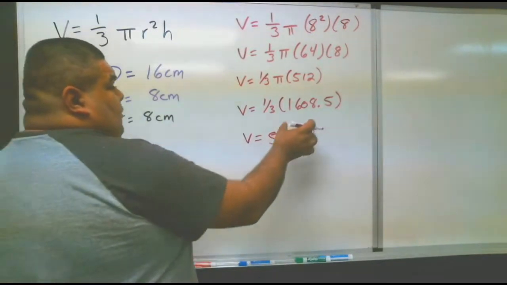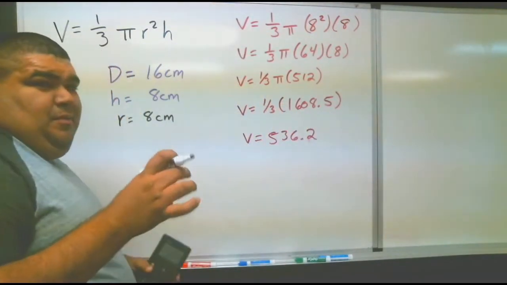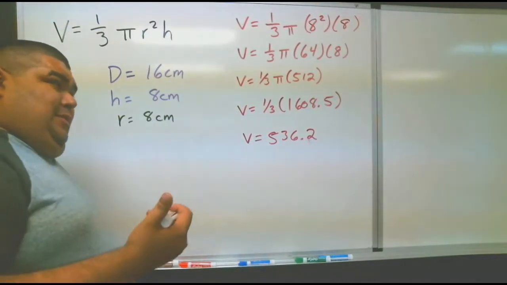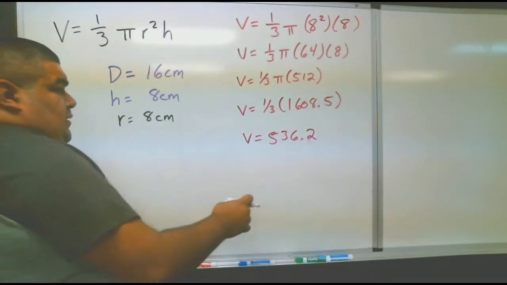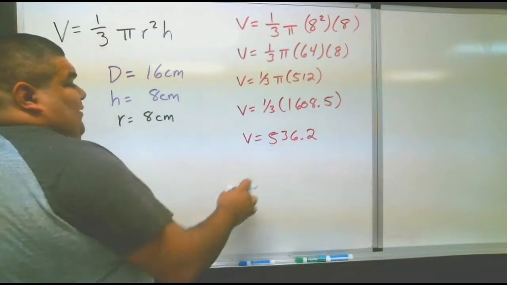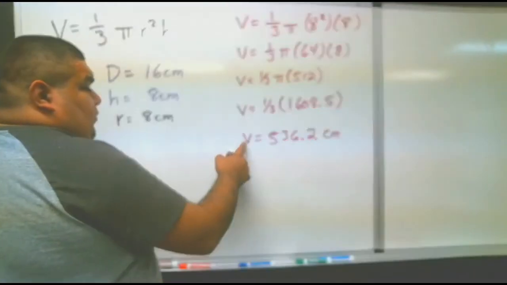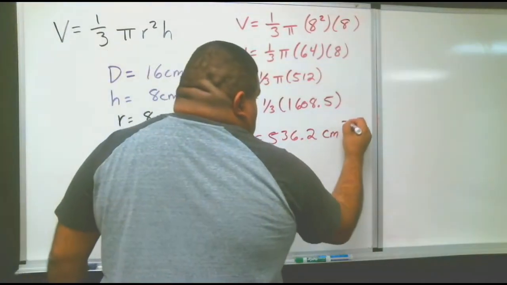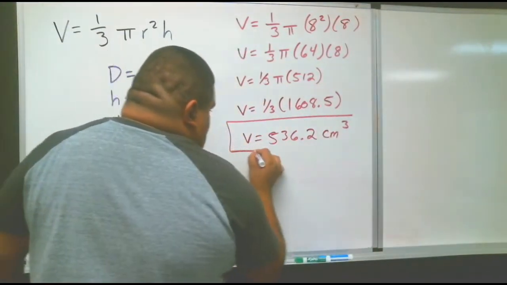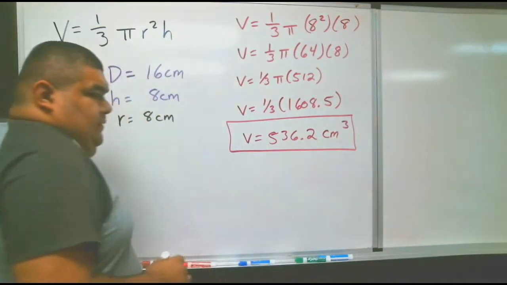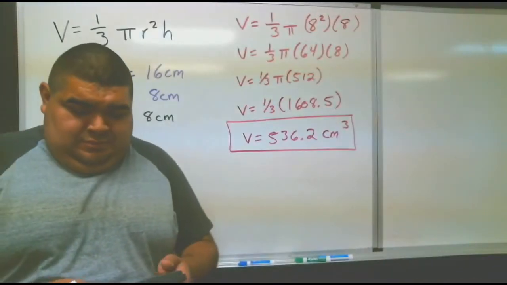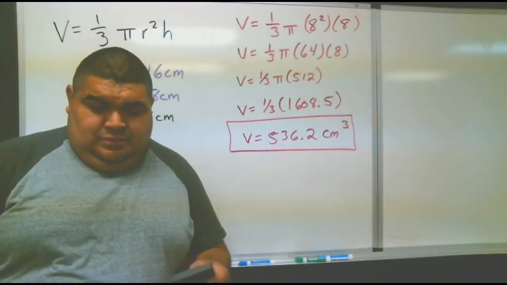You might ask yourself, why did you divide? Because technically, multiplying by 1/3 is like saying divided by 3. So 536.2 centimeters, because we're dealing with centimeters, and since we're dealing with volume, it is cubed.